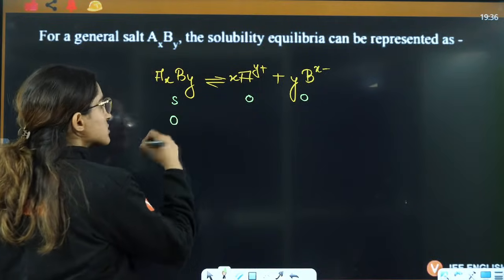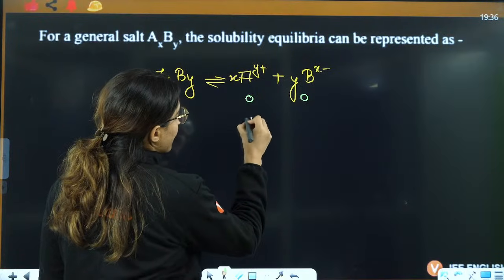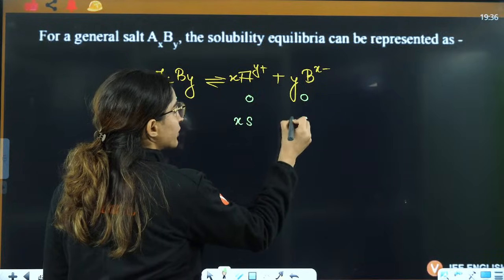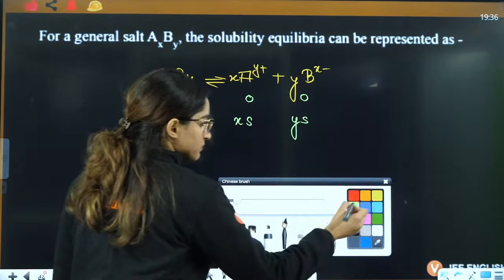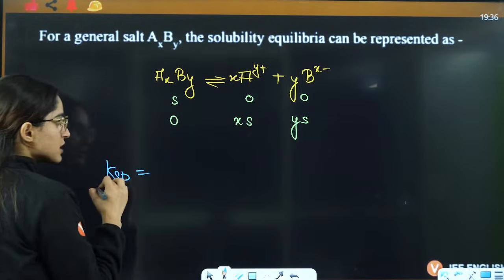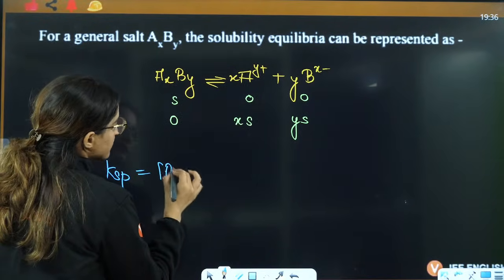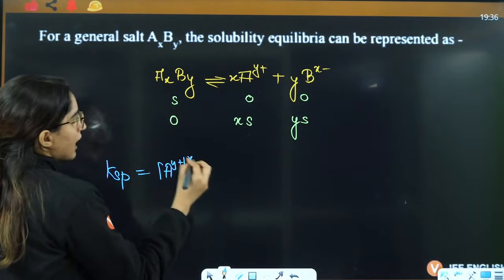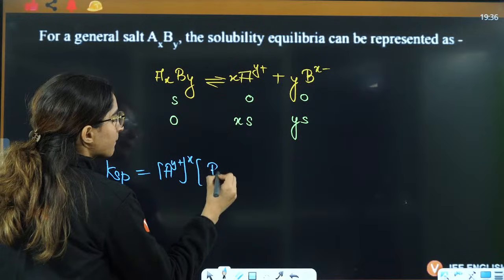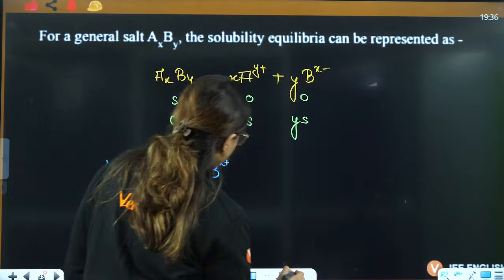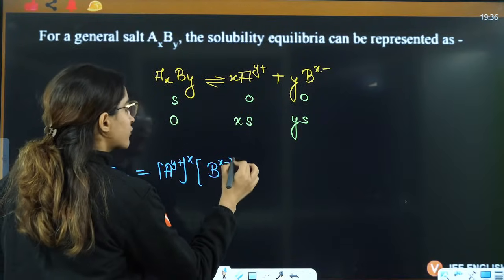So all of this is dissolved. This will become S and this will become S, but here it will be multiplied by stoichiometry. So the value of Ksp is equal to the cation A_y positive raised to power x, multiplied by B_x negative raised to power y.